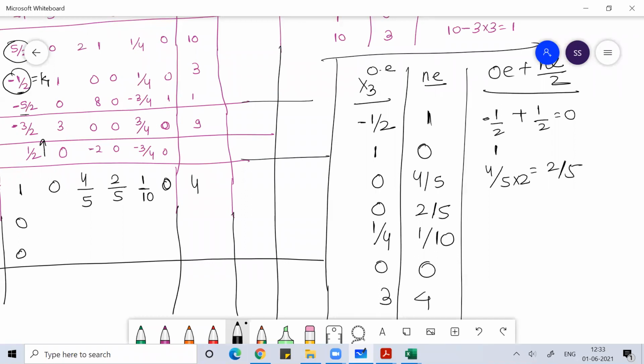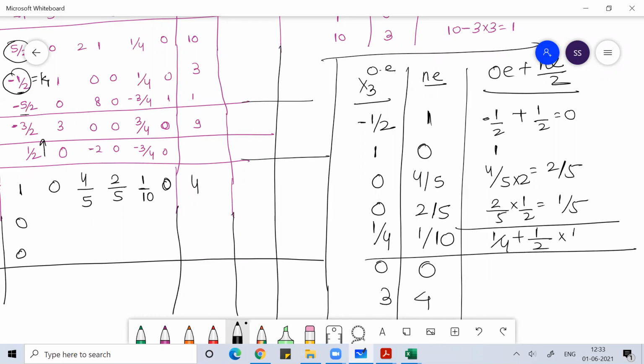So 2 by 5 into 1 by 2 would be 1 by 5. This is 1 by 4 plus 1 by 2 into 1 by 10. So you can take LCM of 20 here. LCM of 4 and 20 will be 20. This is 5 plus 1, 6. This will be 3 by 10.